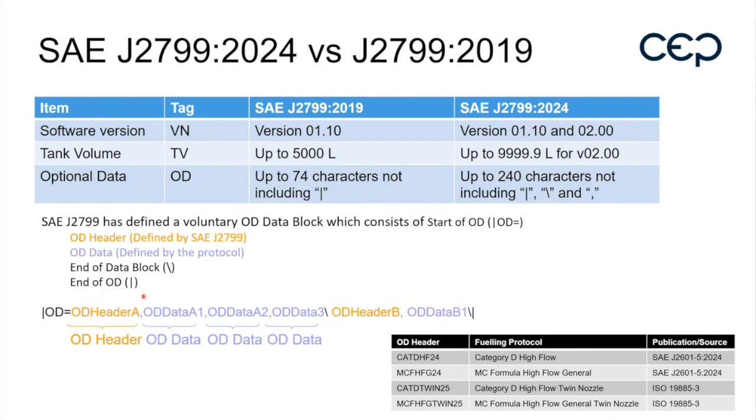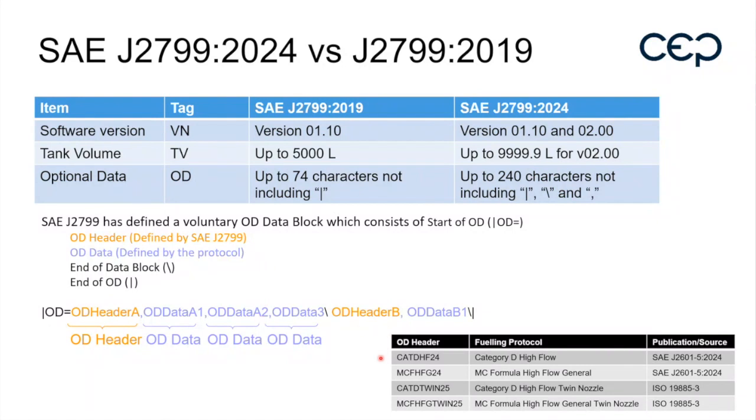Now the header, the orange one, is defined in J2799. The blue purplish data tags are defined by the header and are part of the protocol, so you will not be able to find these in J2799.